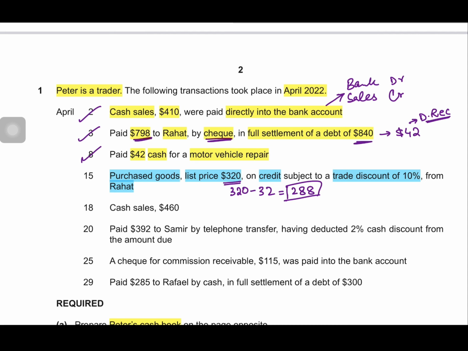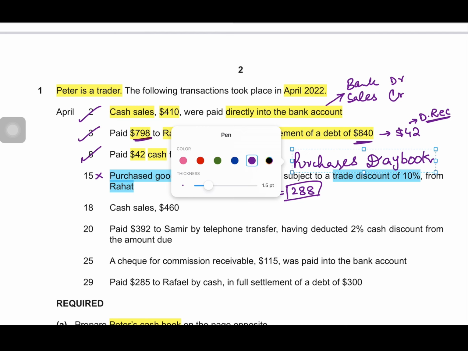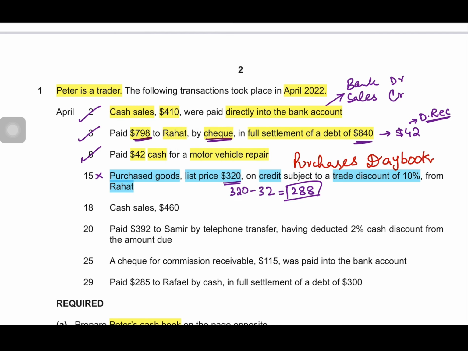So should I record this transaction in my cash book? No, it won't be recorded. Why? Because this will be recorded in my purchases day book. Purchases of goods on credit are recorded in purchases day book, and all the transactions which are related to cash or bank are recorded in cash book.